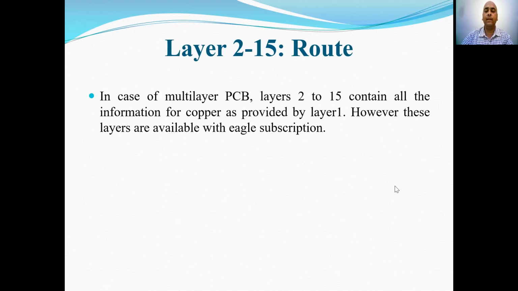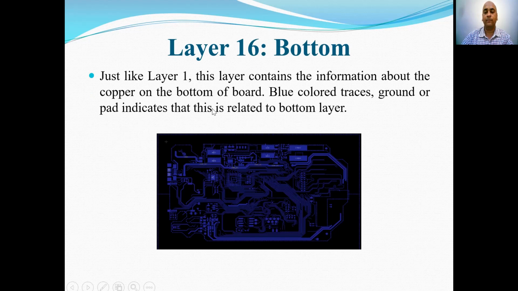Layer 2 to 15 is called route layers. In case of a multi-layer PCB, layer 2 to 15 contains all the information for copper as provided by layer 1. However, these layers are available with an Eagle subscription.